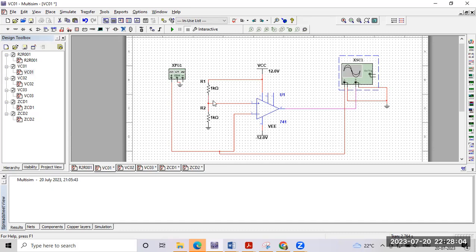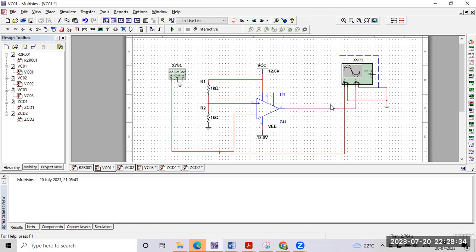Then this biasing circuit I'm going to give to the reference, with a supply of 12 volts. The reference is 6 volts, which is VCC divided by 2. This is how our circuit will be connected.